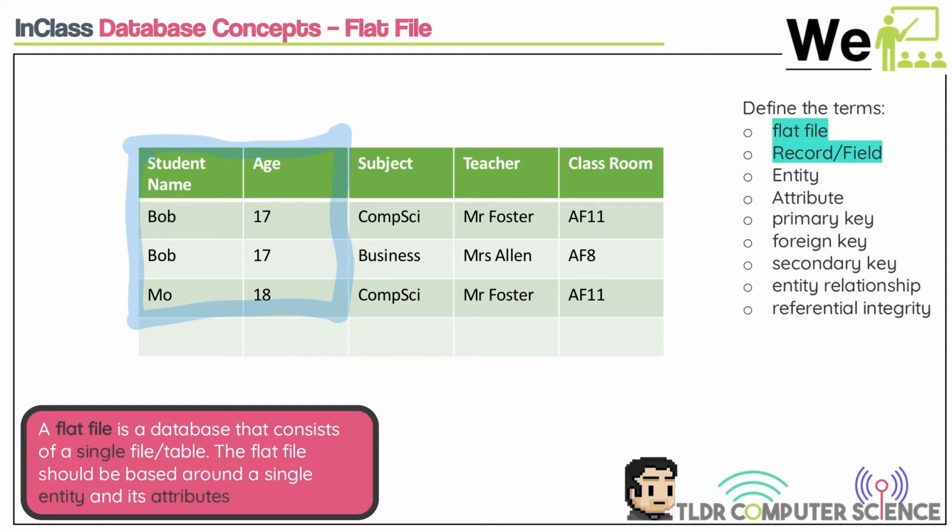Well, I've said, and I've defined down here, that a flat file should only be based around a single entity. Well, is all the rest of it directly related to a student? And I would say no. The subject they're taking is going to be a separate entity from their particular name and age, as they'll be taking multiple different subjects, and at some point they won't take those subjects.